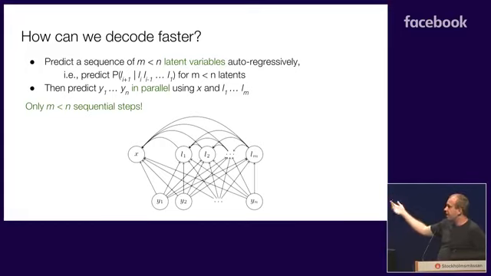So what you see here is a graph of the dependencies in the generation process. You have the input x. It doesn't depend on anything. It's given. And then the first latent only depends on the input. The second latent depends on the first latent and the input. The mth latent depends on all previous latents and the input.